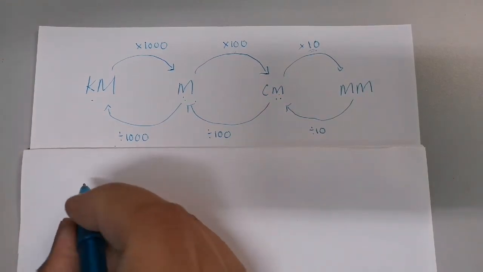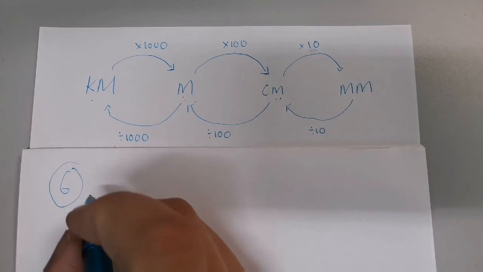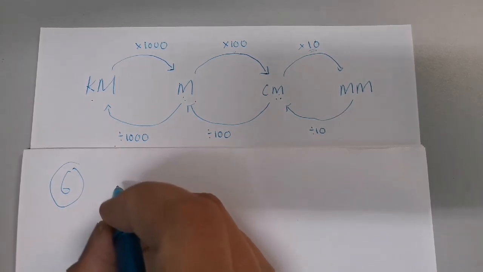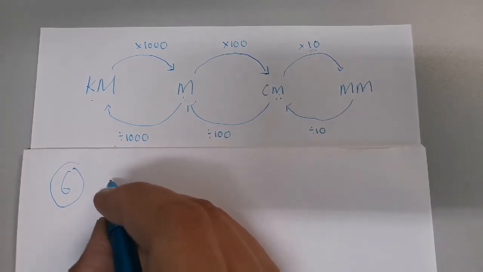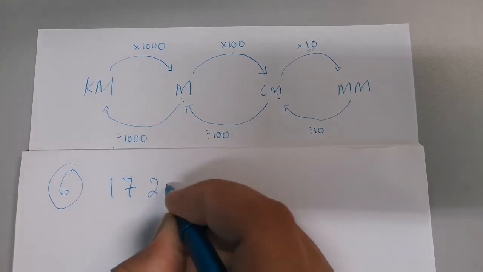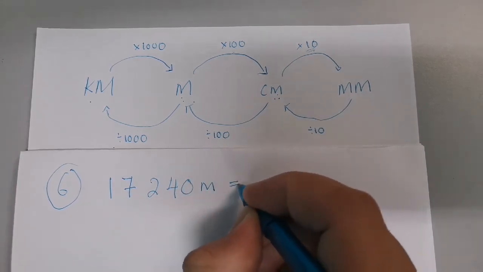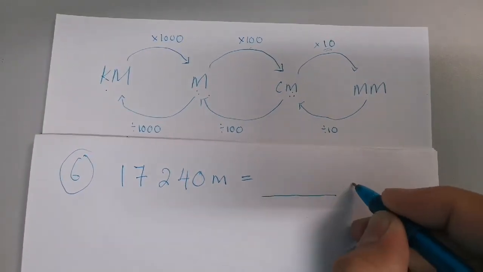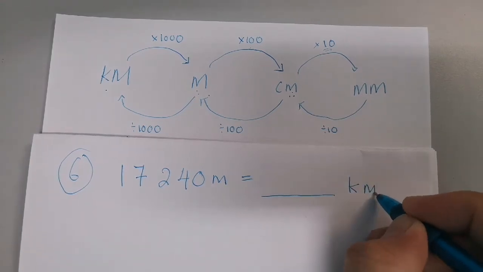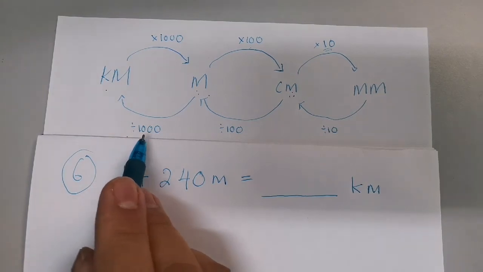Now let's continue with example number 6. This time we are going to convert meter to kilometer. Given a number 17,240 meter. You want to convert to kilometer. Meter to kilometer, you will need to divide by 1000.